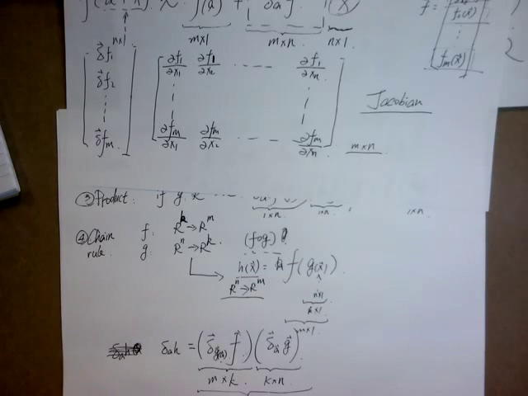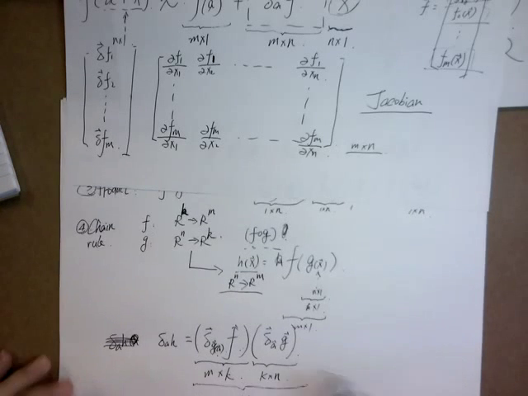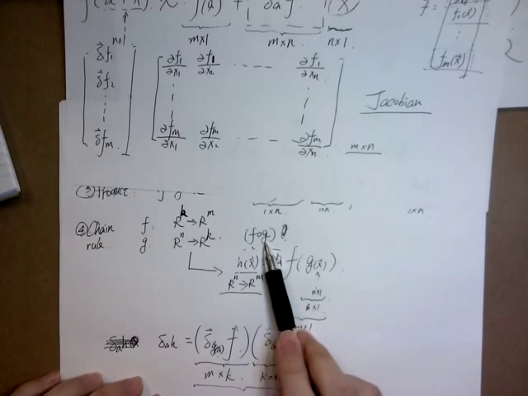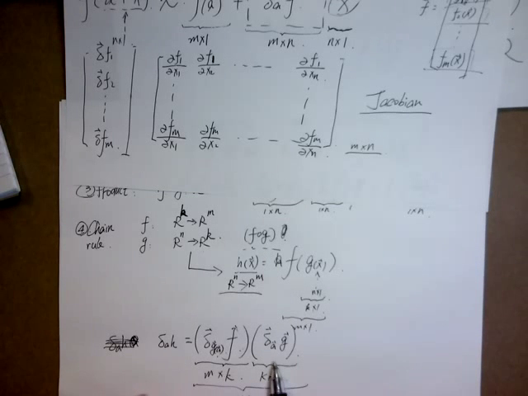So the chain rule for this multivariate vector function tells you that the Jacobian matrix of the composition of two functions is basically the product of the Jacobian matrices of the individual functions.